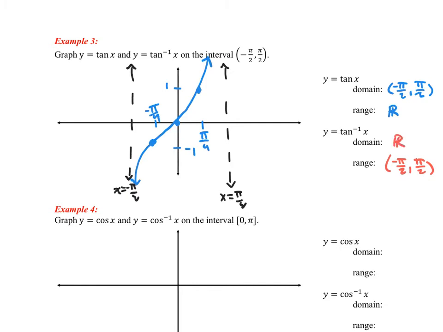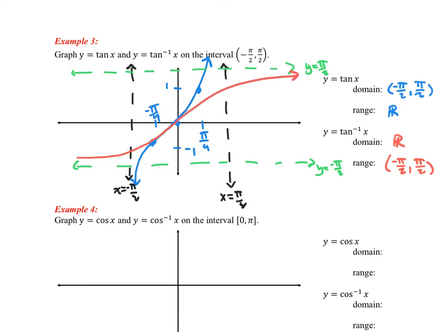So now what will happen for us is we will get horizontal asymptotes at y equals negative pi over 2 and at positive pi over 2. And then the orientation of inverse tangent will end up, this won't be perfect, but it will end up looking like, I'm going to try to make it look pretty good, just like that.